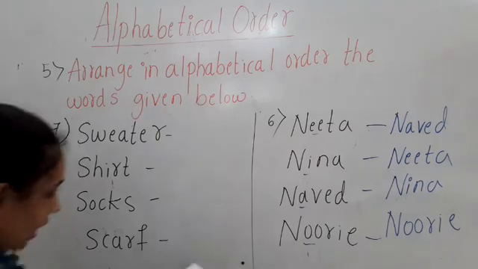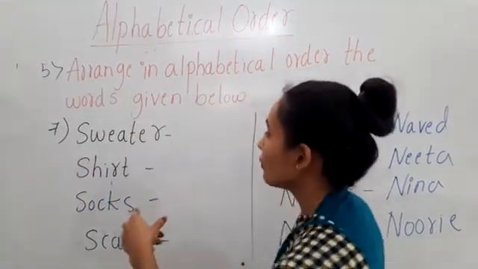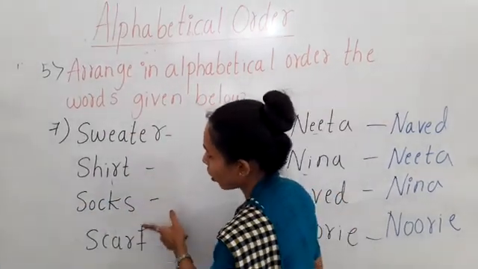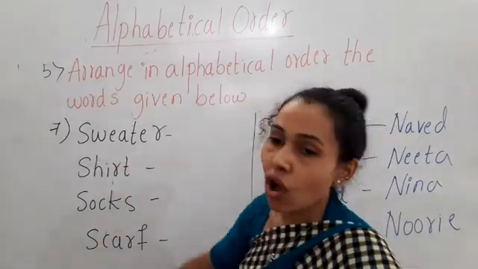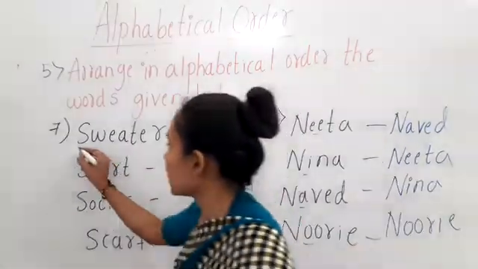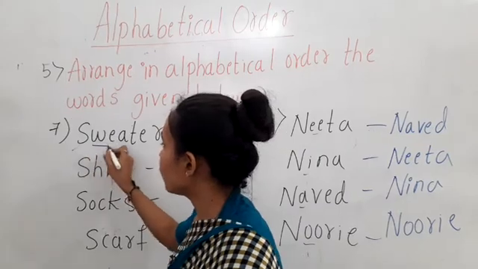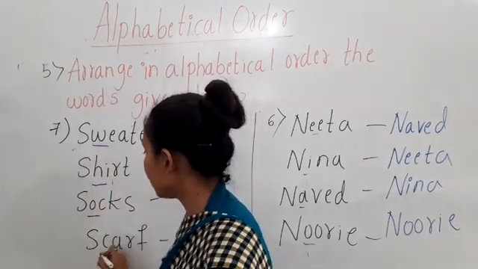So here in the seventh column we have sweater, shirt, socks and scarf. Here also all the beginning letters are same. So in such case we have to look at the second letter.